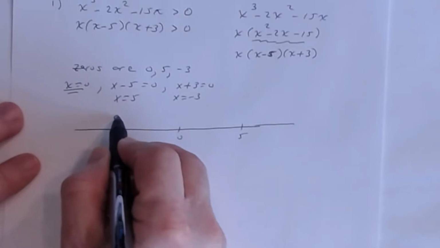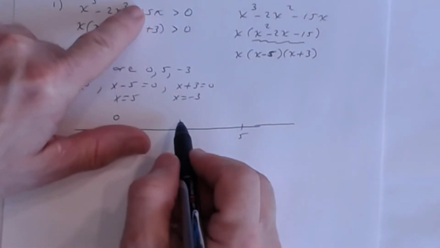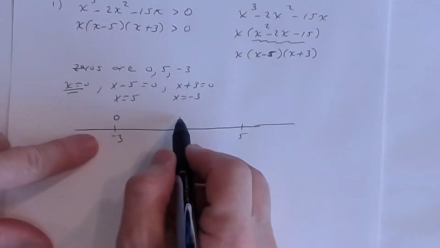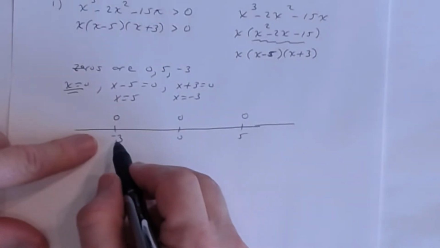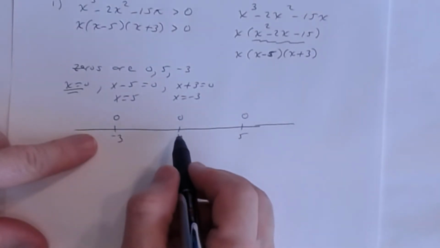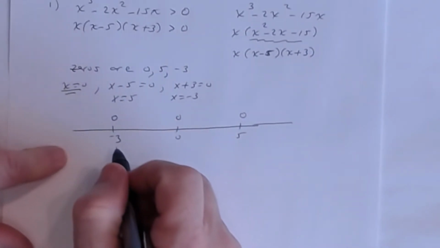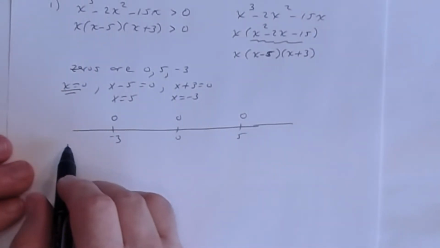That means if you substitute those numbers into either this polynomial or the factored part, you'll get 0. So I'm going to put zeros here, meaning that when I substitute negative 3, I get 0. When I substitute 0, I get 0. When I substitute 5, I get 0. That's how you found those zeros. Then the next thing you're going to do is determine your test points.